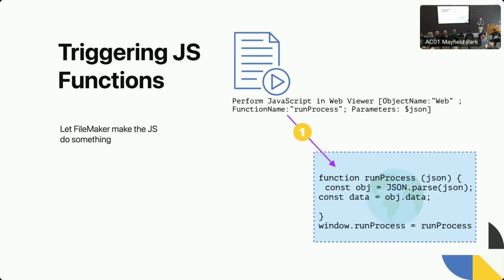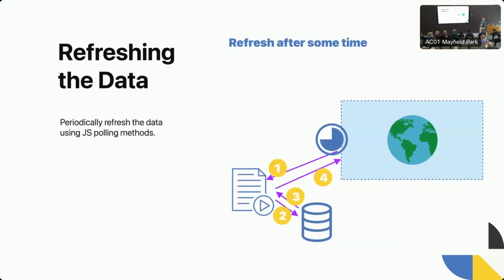You don't have to be an expert in this in this hour, but this is the features of the web viewer. We can also refresh the data. This is, to me, the most exciting part of working with a web viewer in FileMaker 2023. We can have the web viewer sitting there on the screen, and periodically it just fetches its data and displays the new data if there's anything that's changed.